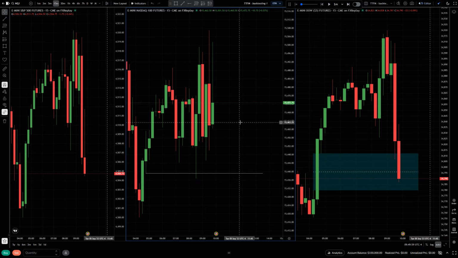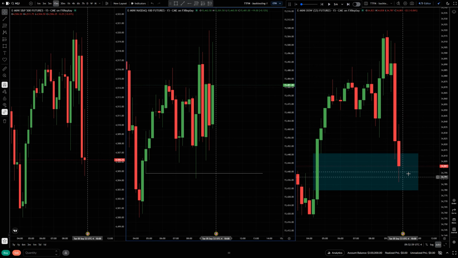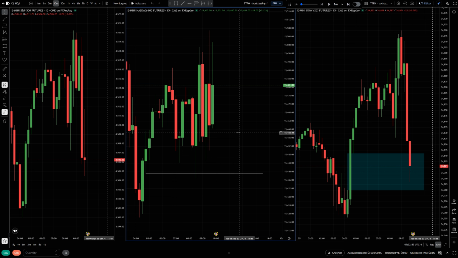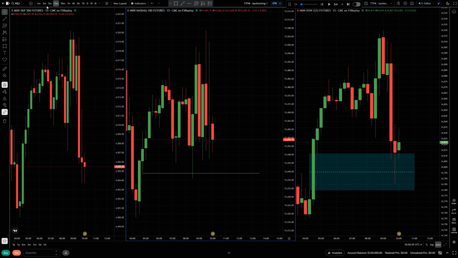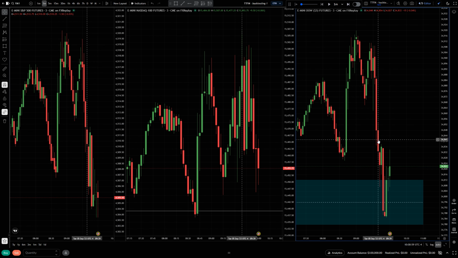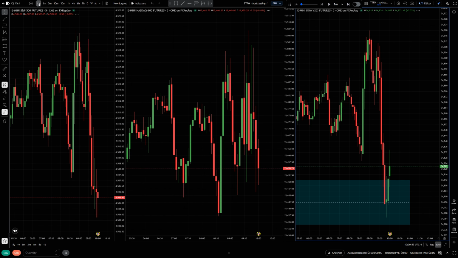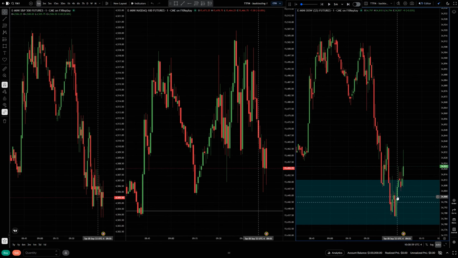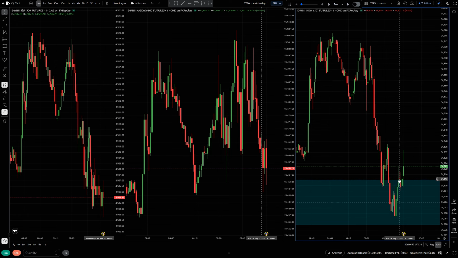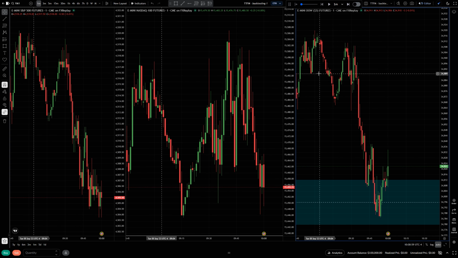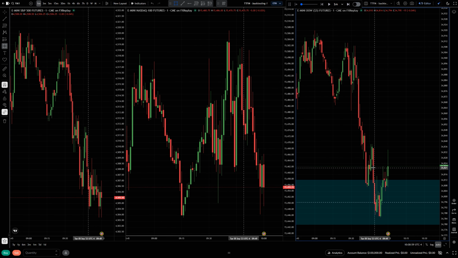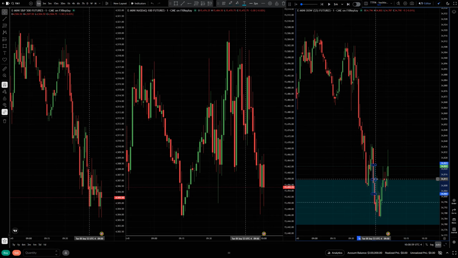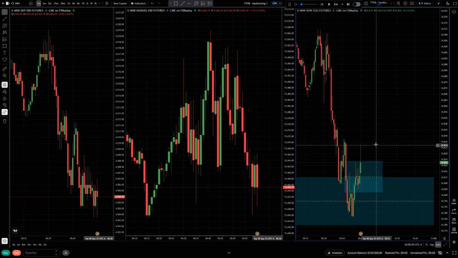Okay, so we have the low swept, and we have to see the reaction from here. Okay, we have a nice reaction here, and looking on a 1 minute chart, we can see that we have CISD here, and we have one more continuation order block, but we have not closed above these two fair value gaps.